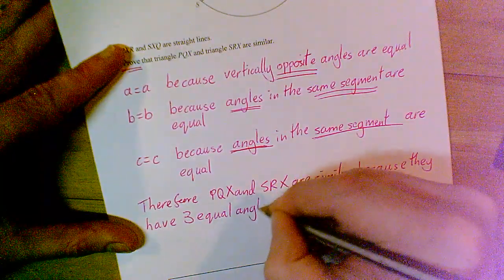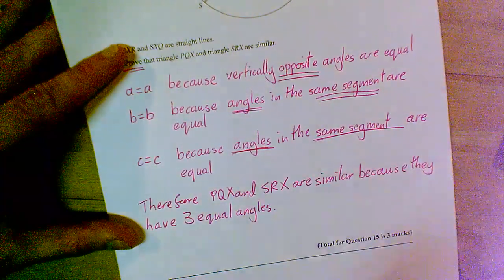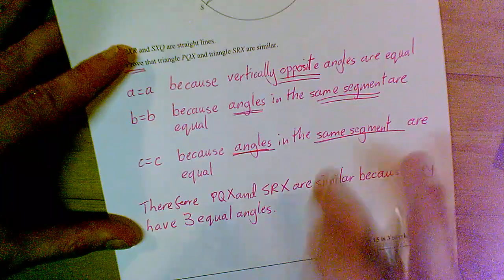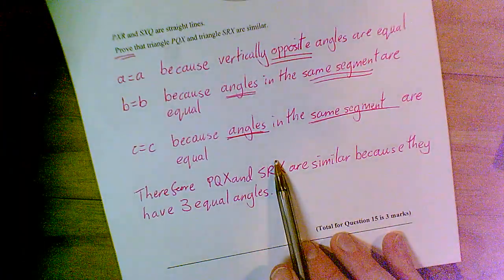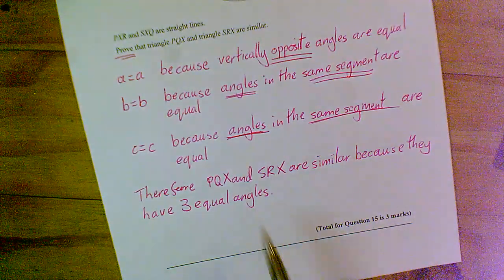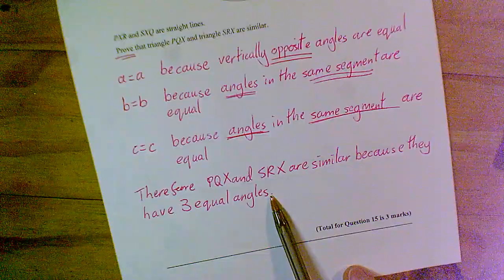You may remember from your proof that there's different ways of doing it. You can have side, side, side, side, angle, side, angle, angle, angle, whichever ones they are. I won't go into that now, but I need to give the reason they are similar, and 3 equal angles is enough of a proof to say they're similar.